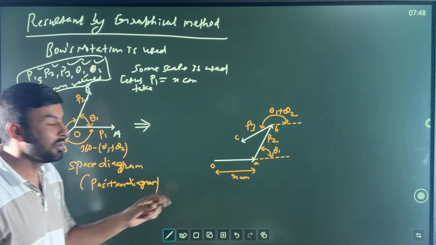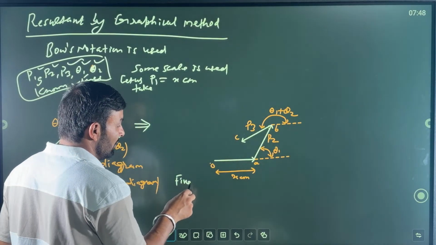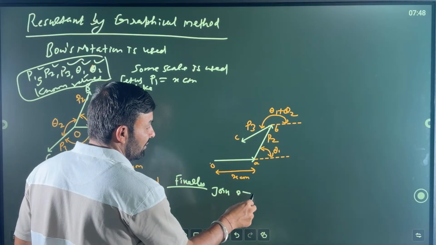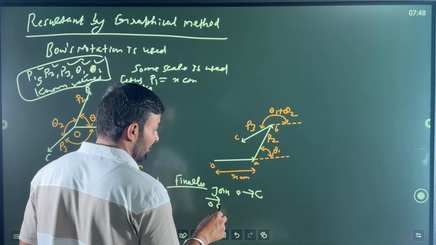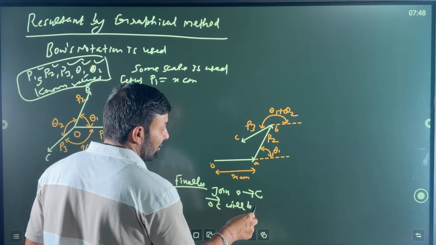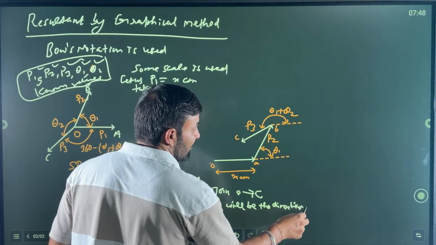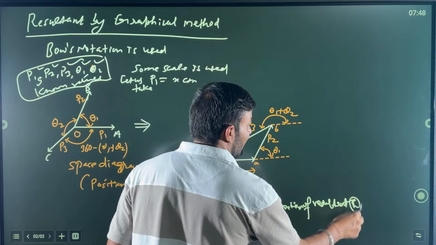Now what will be its resultant? Finally, what you need to do is join O with C. Join O to C. This OC vector will be the direction of the resultant, R, whatever you take.